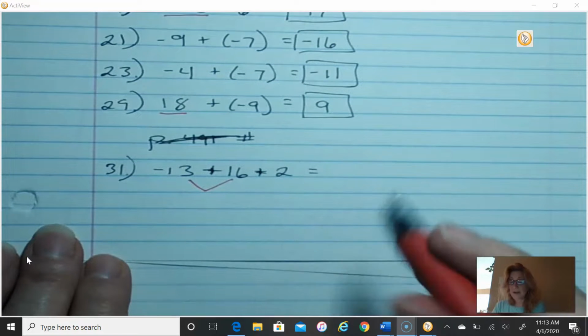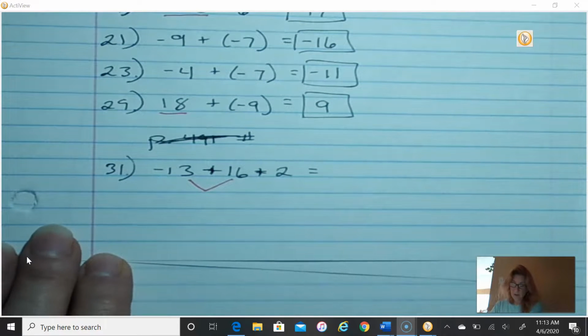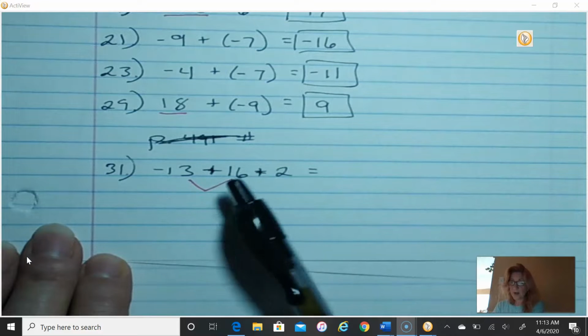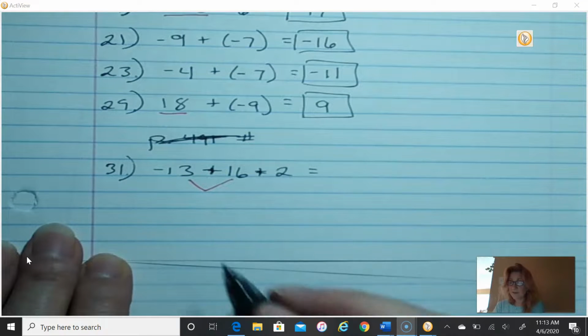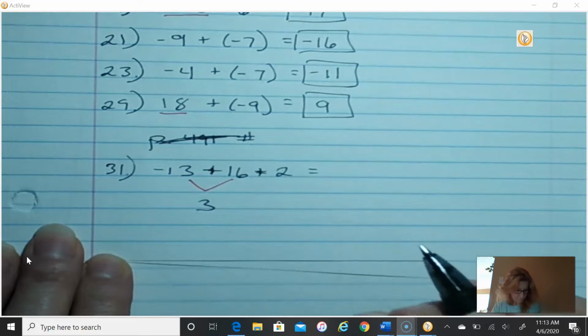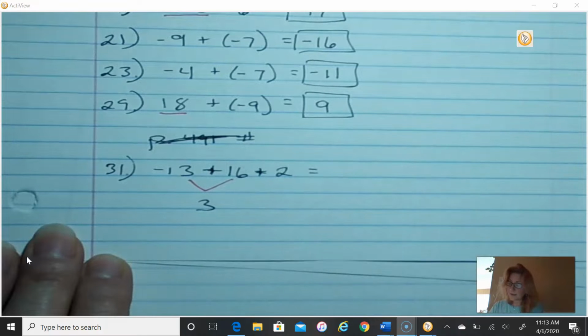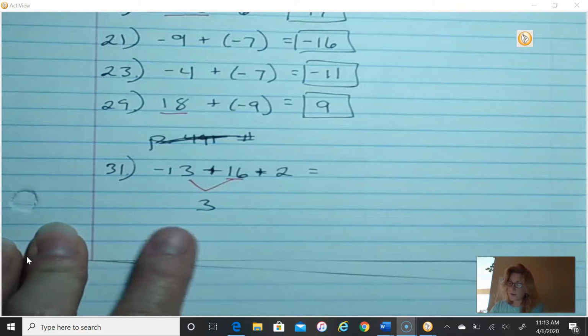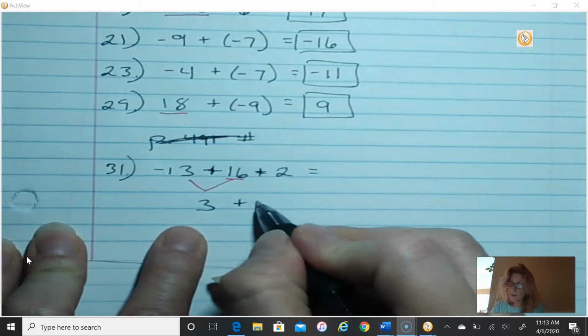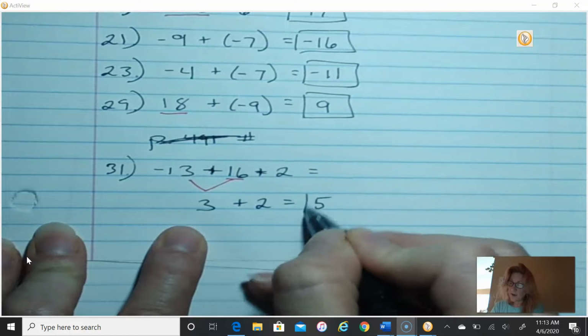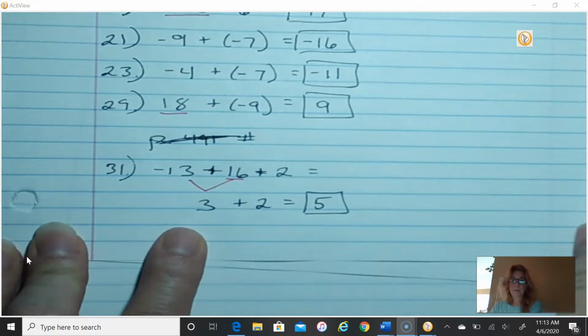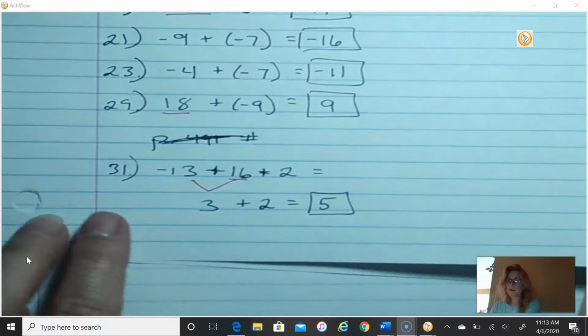So you're going to subtract and take the sign of the largest. 16 minus 13 is 3. And 16 is the largest, so it's positive. Bring down that plus 2. Your answer is 5. Okay? Let's do another.